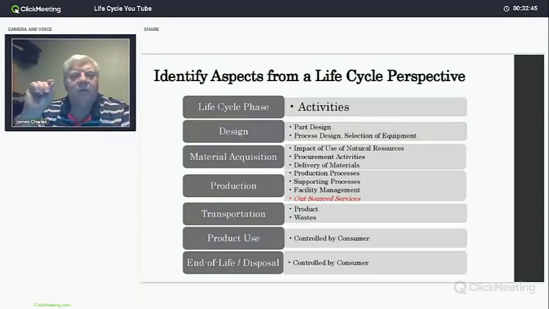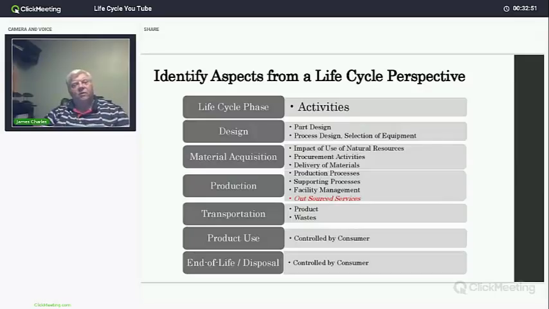Now from a life cycle perspective, the first thing we have to identify is what are the activities that we do relative to the life cycle perspective. So in design, what do we do? Design of our product, design of our processes, what engineering and design activities do we do?